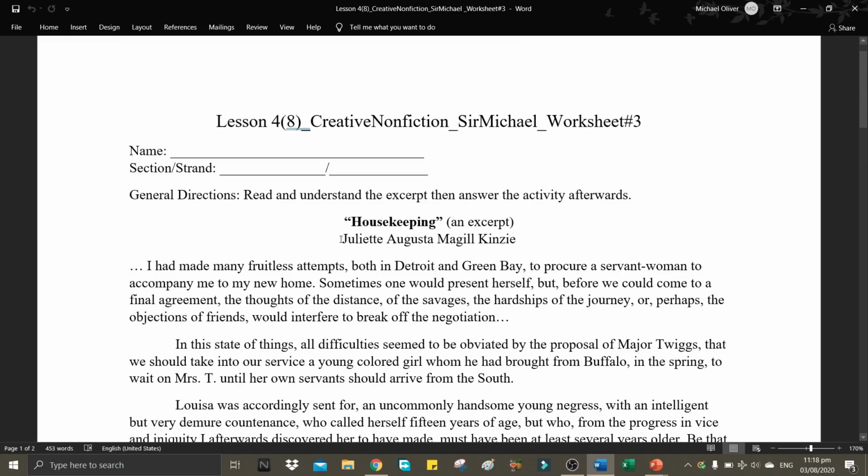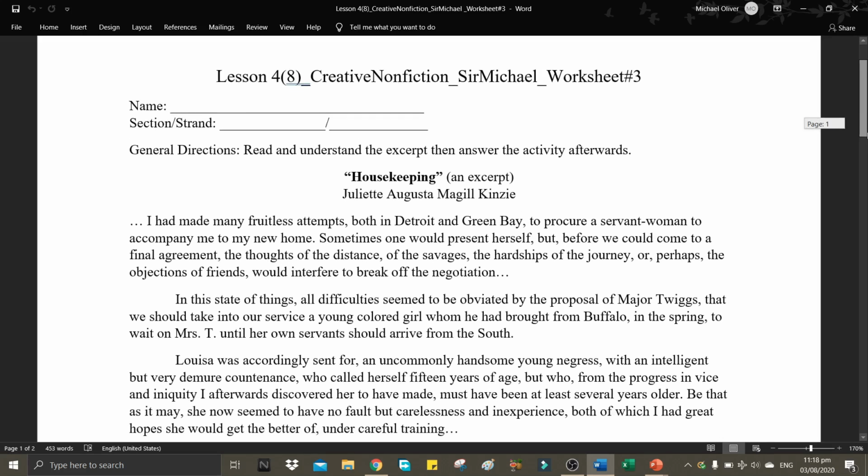I had made many fruitless attempts, both in Detroit and Green Bay, to procure a servant woman to accompany me to my new home. Sometimes one would present herself, but before we could come to a final agreement, the thoughts of distance, of the savages, the hardships of the journey, or perhaps the objections of friends would interfere to break off the negotiation.